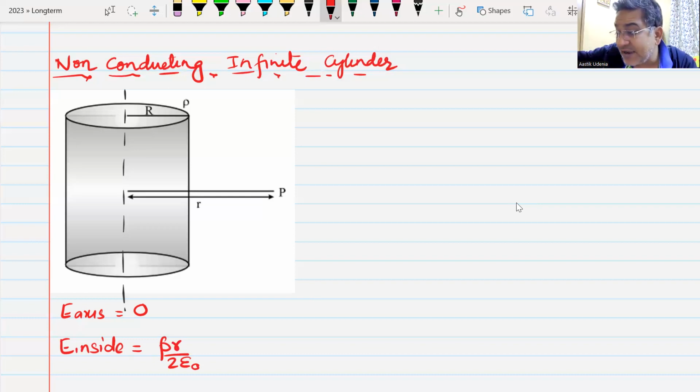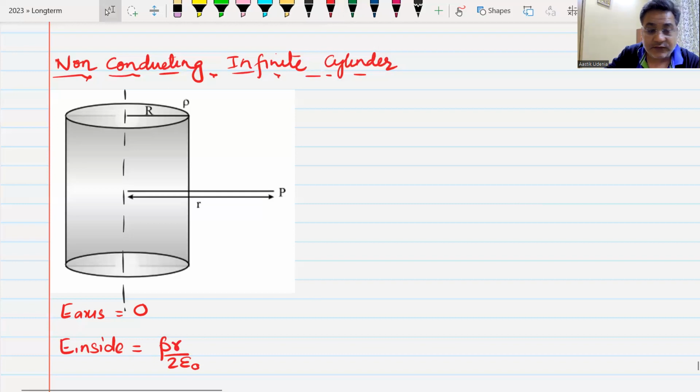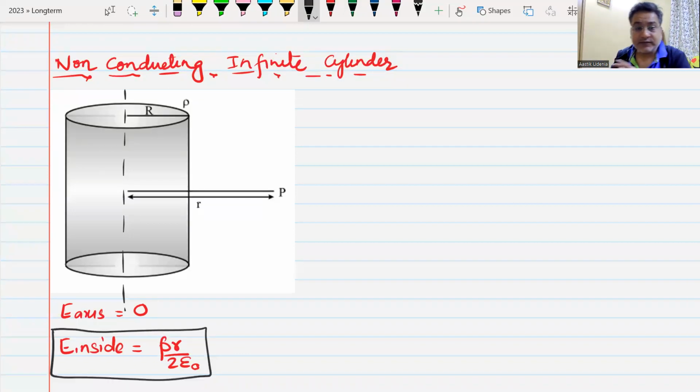This is the way I remember it, because I think it is easier to remember it this way. Electric field inside this is rho r by 2 epsilon naught.